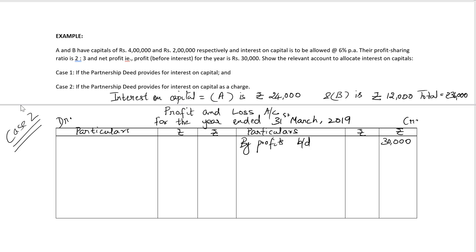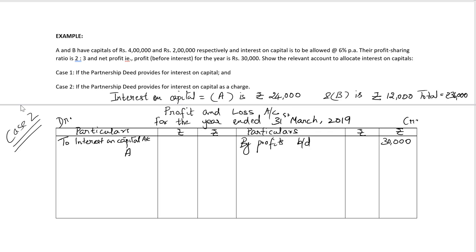Now the nature of charge is that irrespective of whether there are profits or not, we need to allow the charge. So we need to give interest on capital to A fully rupees 24,000, and for that of B rupees 12,000. So let's allow interest on capital to interest on capital account.